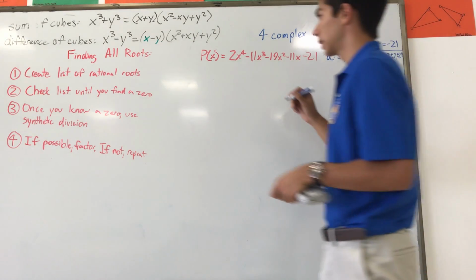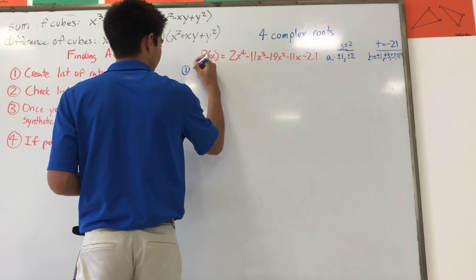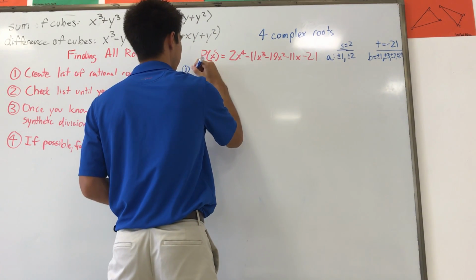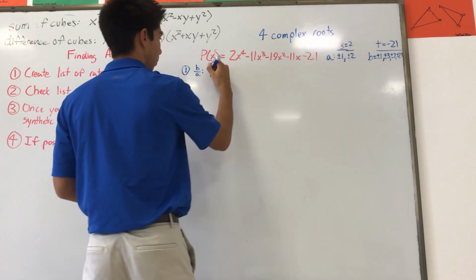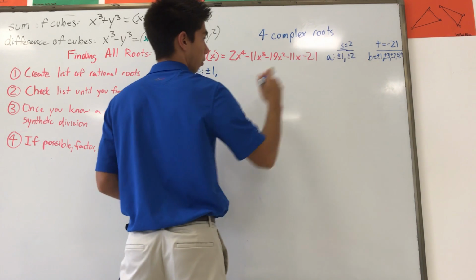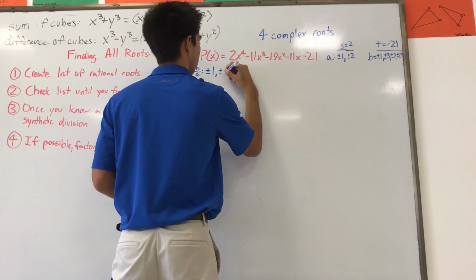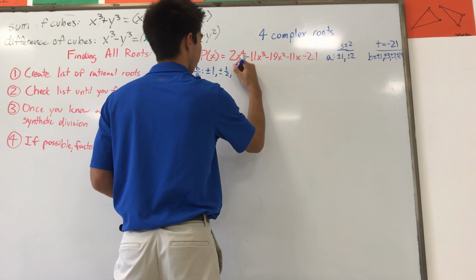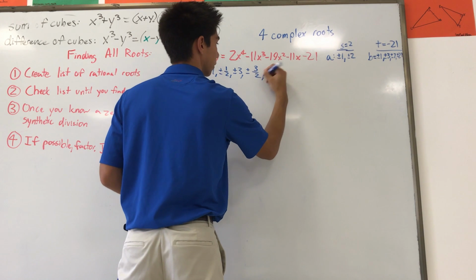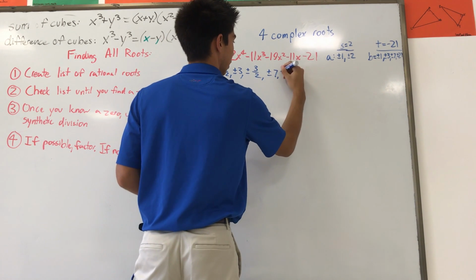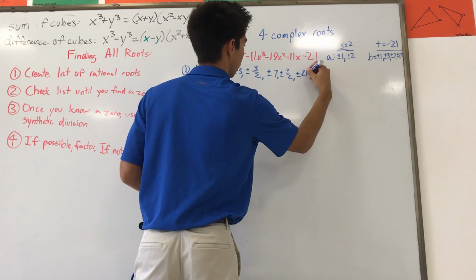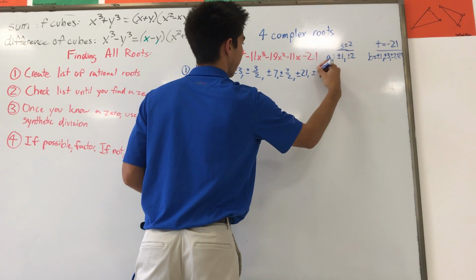So this means my list of rational roots, in my step 1, could be, so I need to remember it's in the form of b over a. So my list could be positive or negative 1, which is 1 over 1, positive or negative 1/2, positive or negative 3, positive negative 3/2, positive negative 7, positive negative 7/2, and finally positive negative 21 and positive negative 21/2.